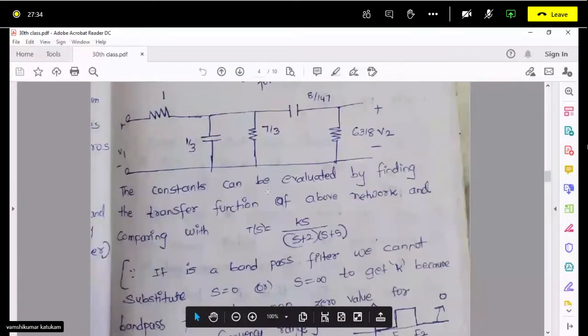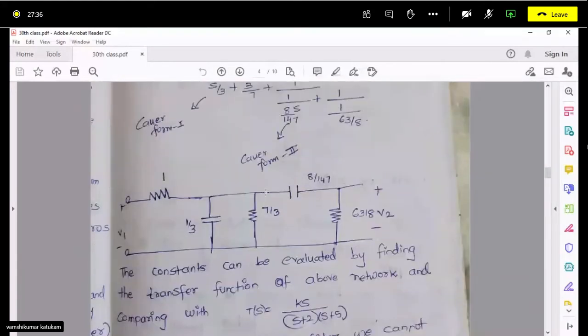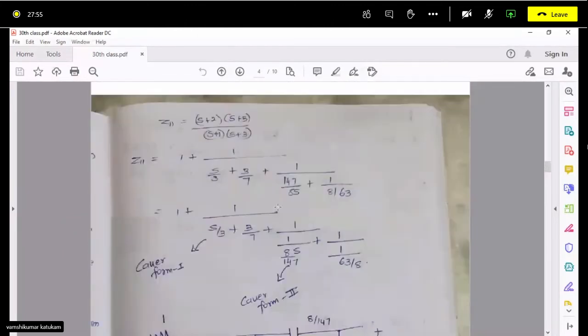So here in this case, how are we getting constants? Okay, so in this case, we are getting a constant. So how to get the constants in this case, right?